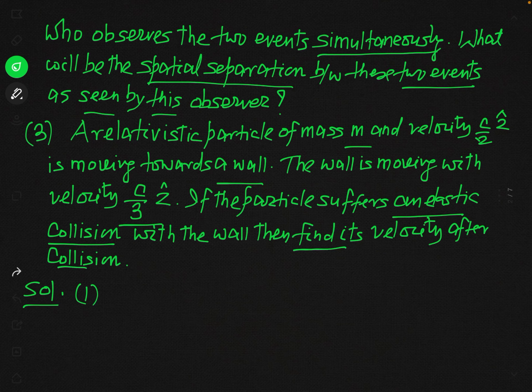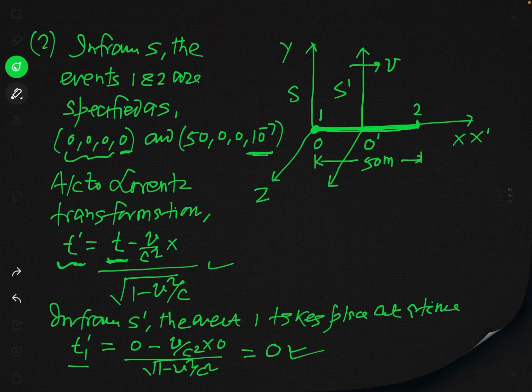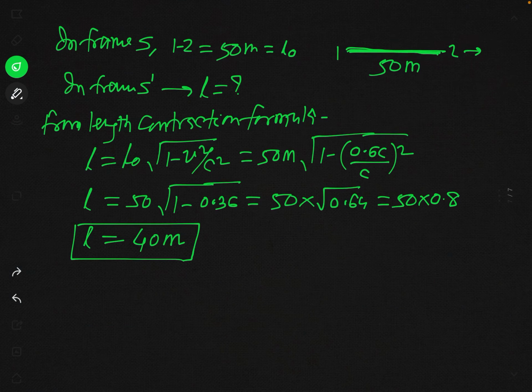In fact, this problem will also be solved by using the velocity transformation equation, but how we will solve it, let us see. First of all, we will see what the problem is saying, and then we will solve it. The problem says that there is a wall, but this wall is not stationary.